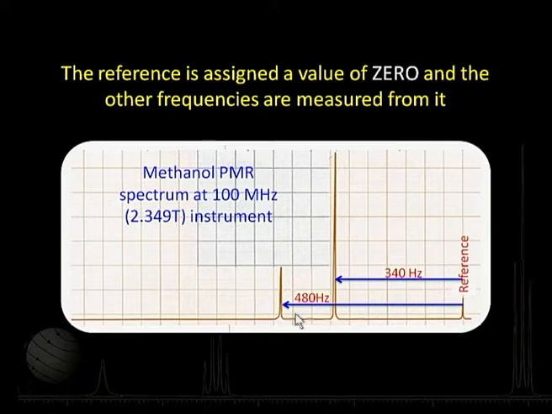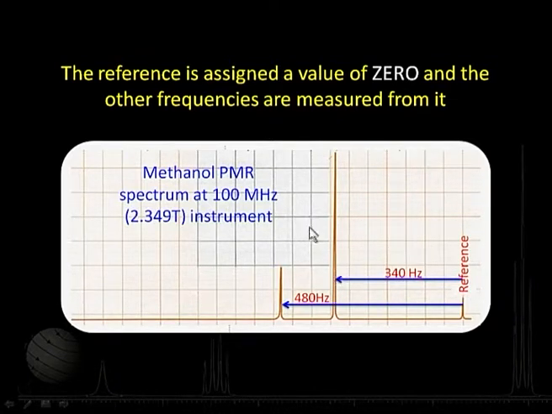This is like the temperature scale, where the freezing point of water is given a value of 0; it is an arbitrary value. Same thing here: TMS also absorbs at a certain frequency or field, but that is given as 0. All measurements start from here onwards, that means whatever measurements we do for different signals will be with respect to TMS being 0. That is the meaning of defining a reference compound.